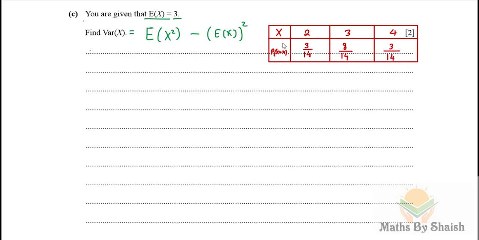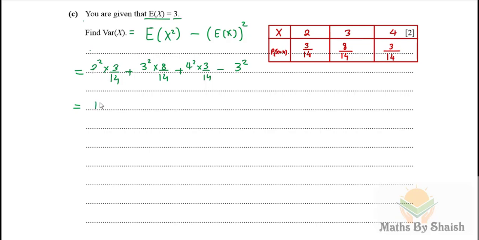Now expectation of X square means square of the value into its corresponding probability. So it is going to be 2 square into 3 over 14 plus 3 square into 8 over 14 plus 4 square into 3 over 14, minus square of expectation, meaning 3 square.